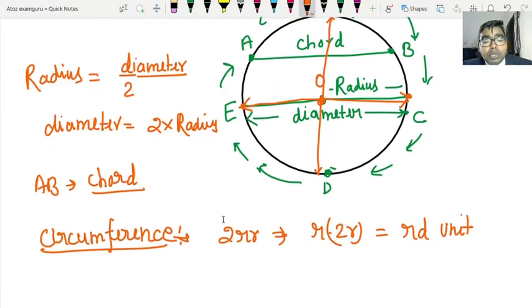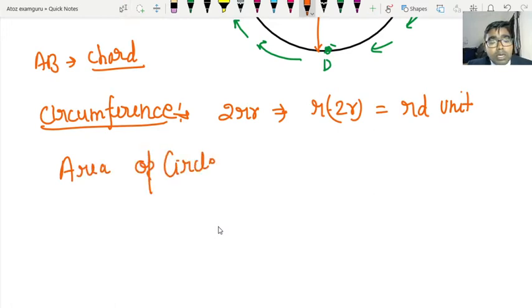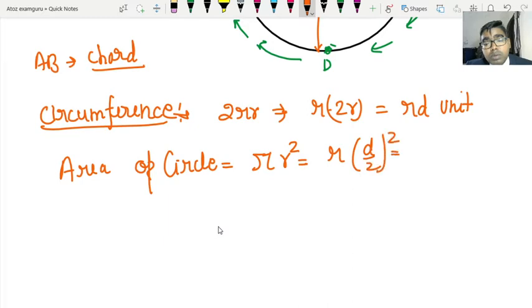And the area of the circle is pi into r square, or pi into d by 2 whole square, pi d square by 4, right friends? Unit square.